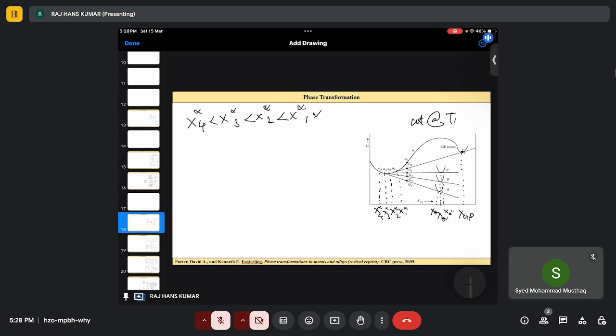That means this one has a higher composition, and this one has a lower composition. So the total energy is decreasing from here to here, and because of this decrease in energy, these types of reactions are possible.